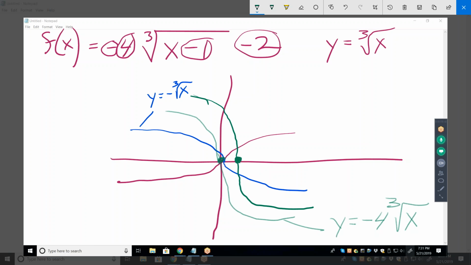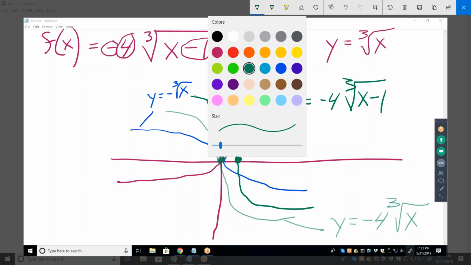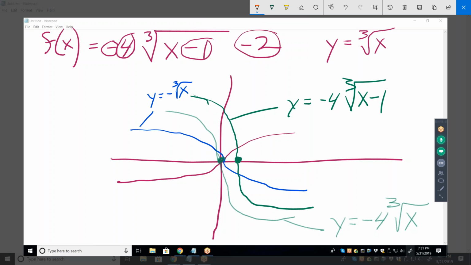So now that is y equal minus 4 cube root of x minus 1. One last thing to do. The minus 2, so move it down 2. Something like that.